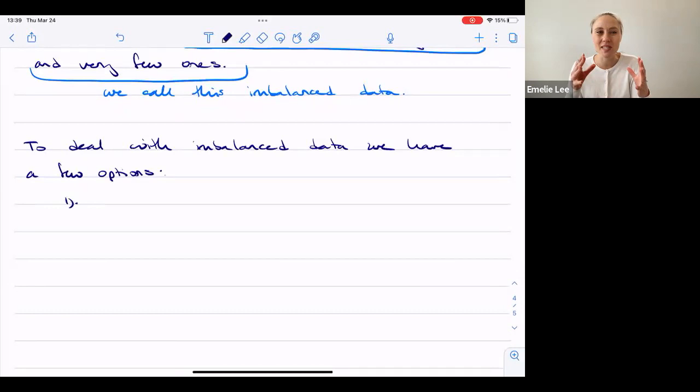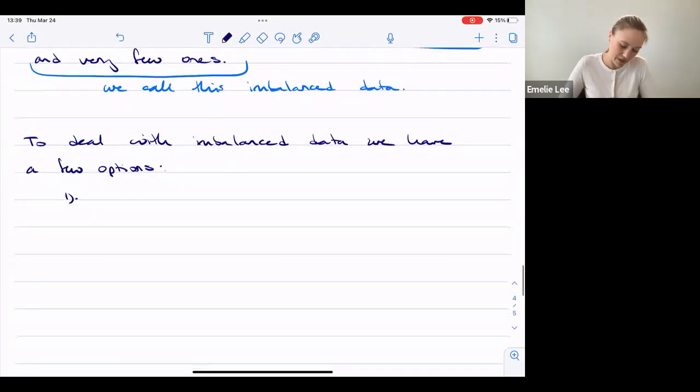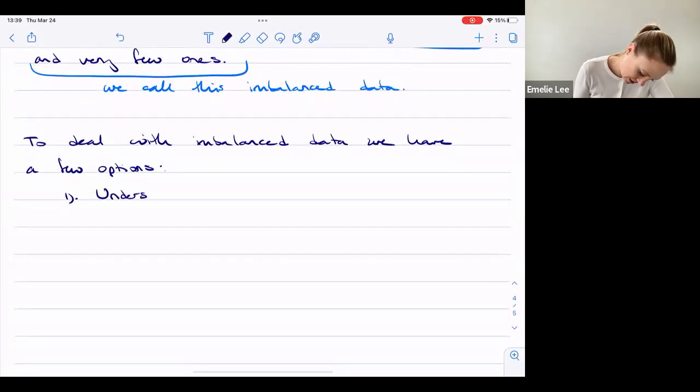It's nice to have a set of go-to options. And if you're still finding that that's not working, then of course you'd have to do a little bit of research and look into some of the other methods that you could use, right? And maybe they would be better, but it's good to have a core set of tools. So the first one is undersampling.